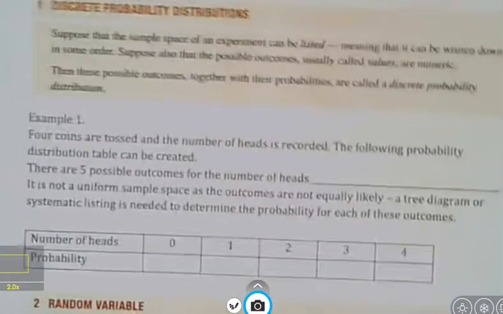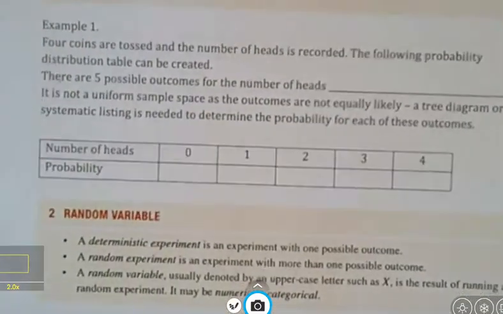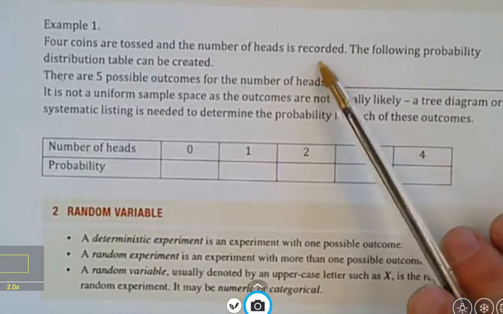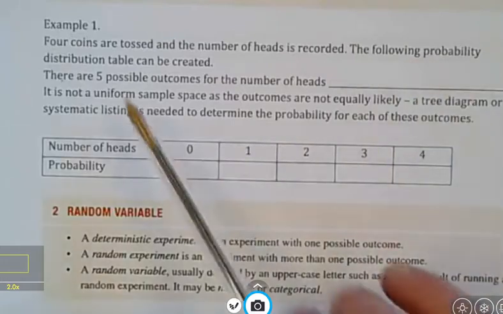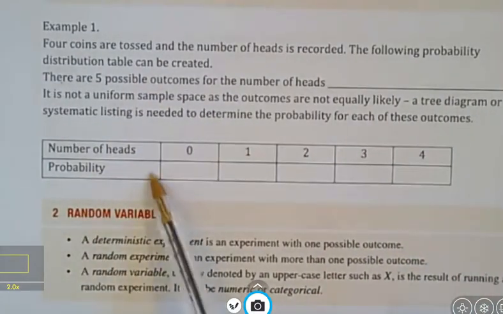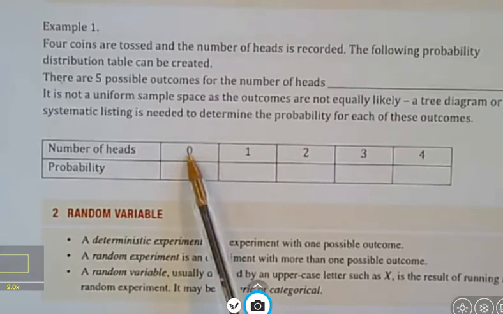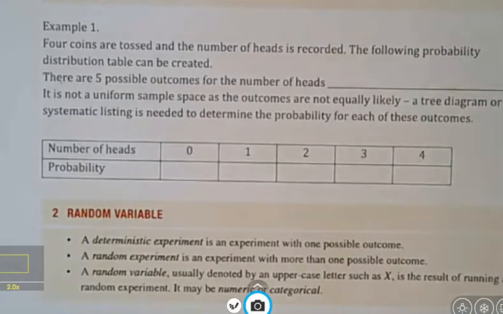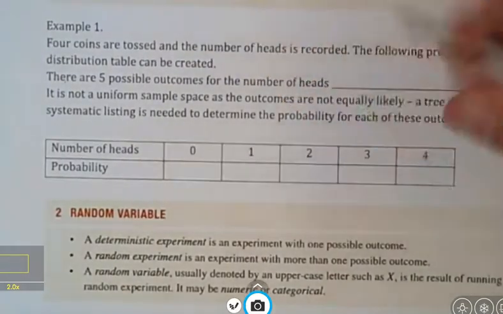And we're going to do an example of one. Example: 4 coins are tossed and the number of heads is recorded. The following probability distribution table can be created. If I toss 4 coins, couldn't I get no heads, 1 head, 2 heads, 3 heads, or 4 heads, okay? So there are 5 possible outcomes for the number of heads.